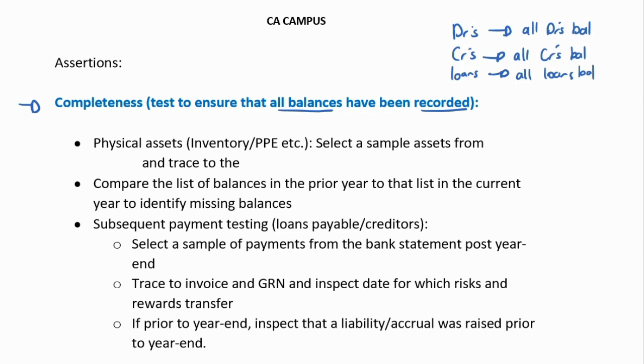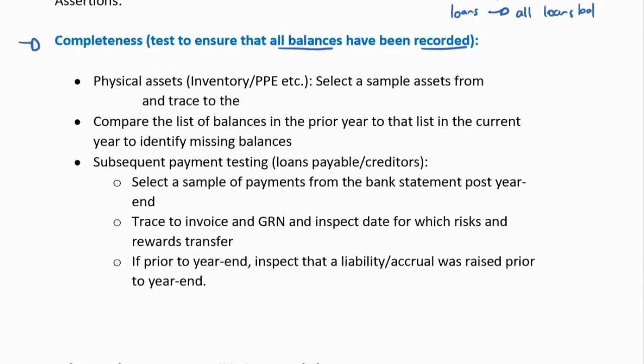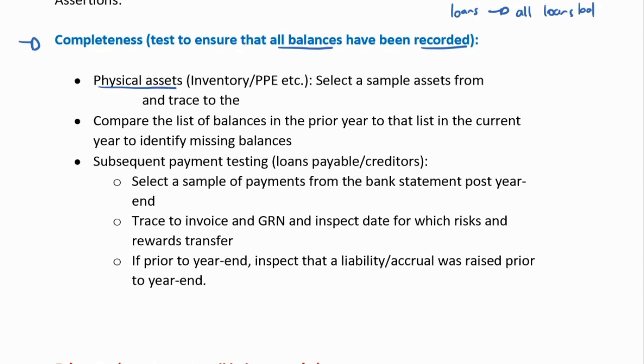I've broken it down into if we've got physical assets, so a physical balance that we can see, and then where we don't. So if I've got a physical asset like inventory or PPE, all of those inventory items must be recorded. All of those PPE items must be recorded. So if I want to select a sample, where am I going to select my sample to test if all of them have been recorded?